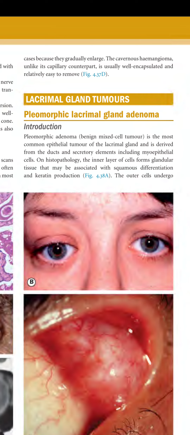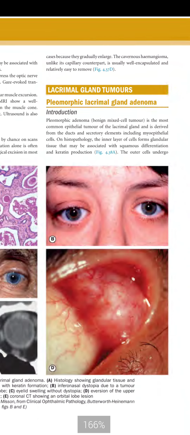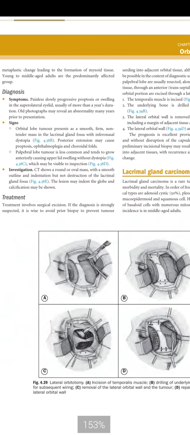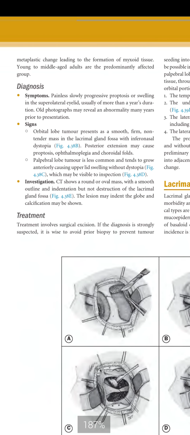On histopathology, the inner layer of cells forms the glandular tissue that may be associated with squamous differentiation and keratin production. The outer cells undergo metaplastic changes leading to the formation of myxoid tissue. Young to middle-aged adults are predominantly affected.